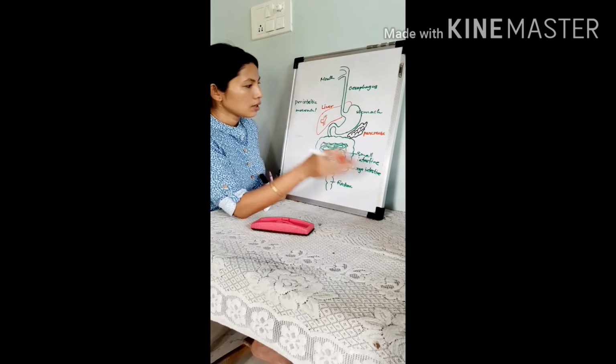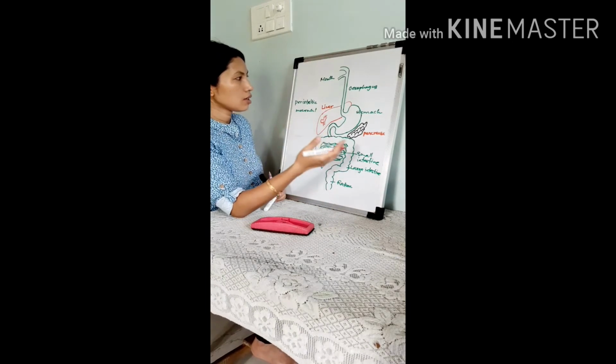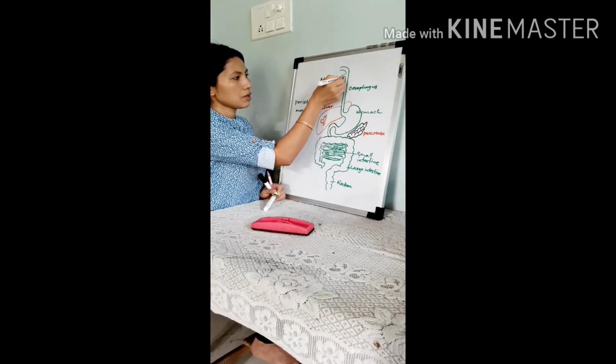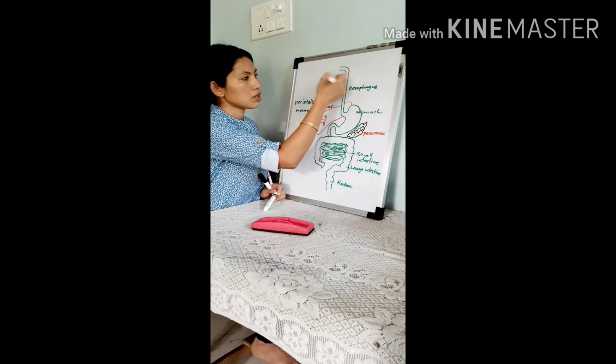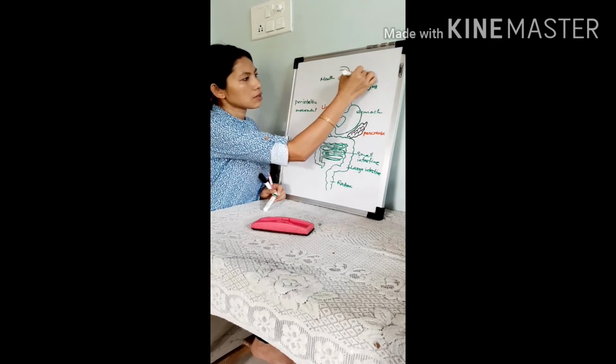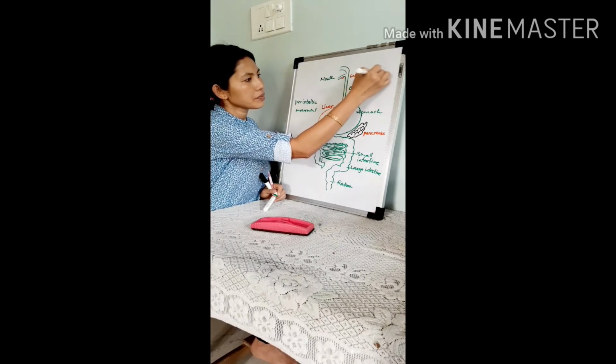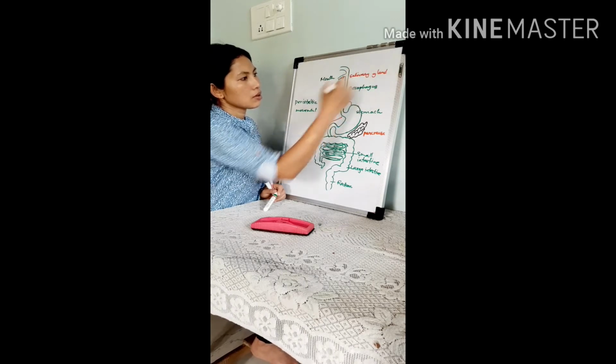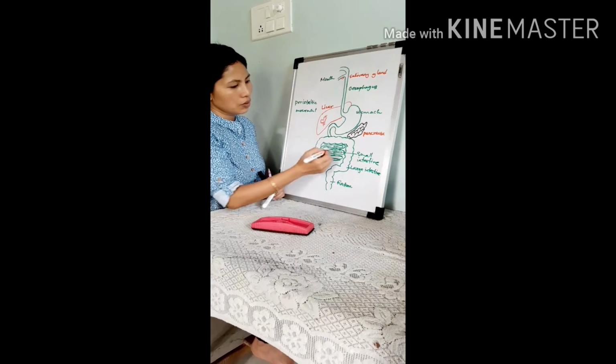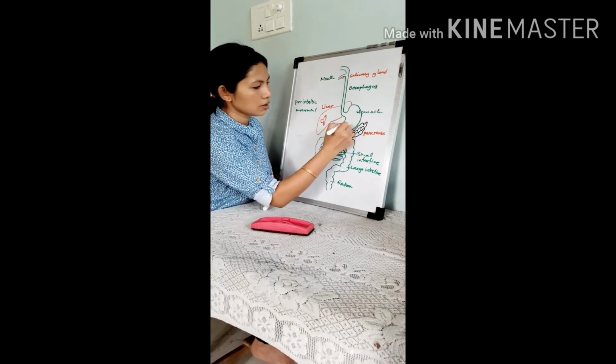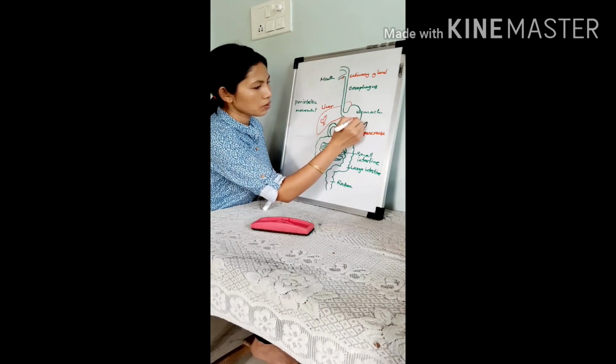Then another gland we have is the salivary gland. In the mouth we have the salivary gland. We have the gastric gland in the stomach, in the lining of the stomach.